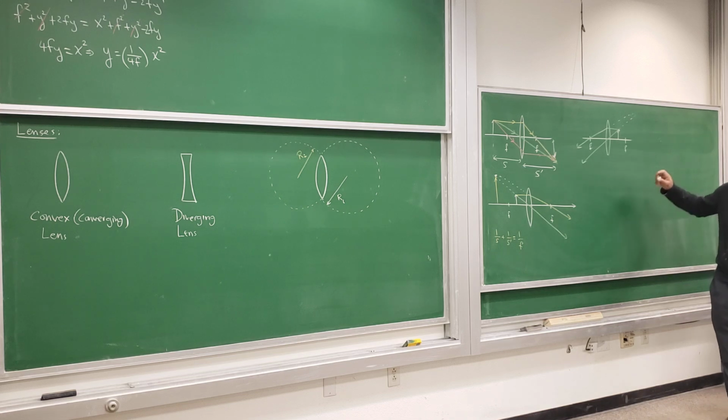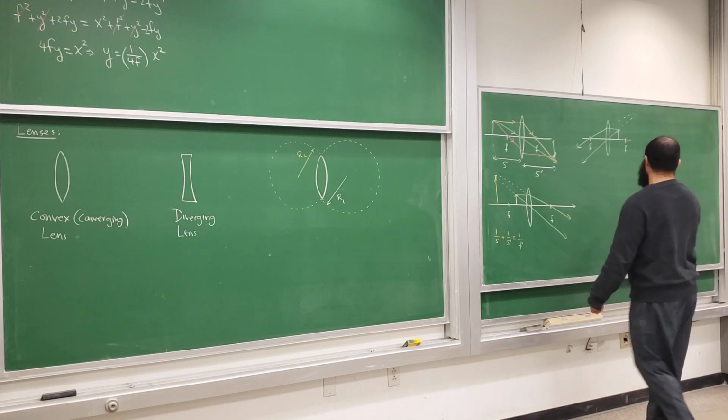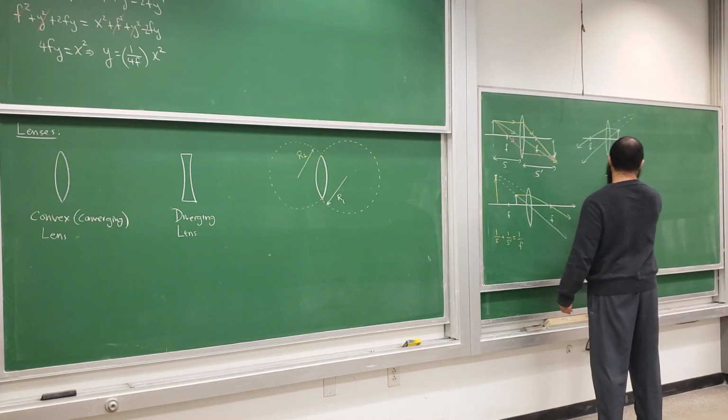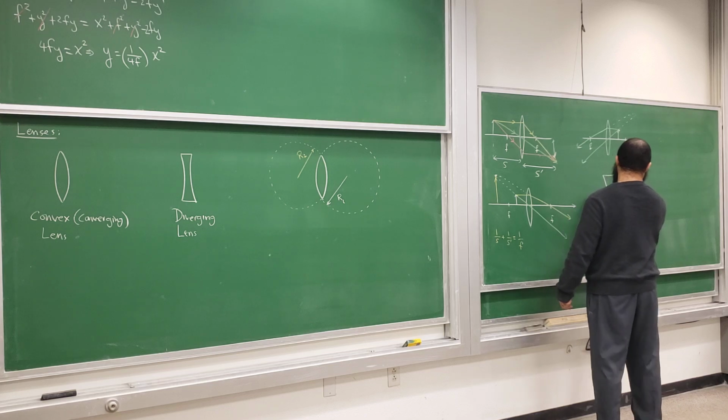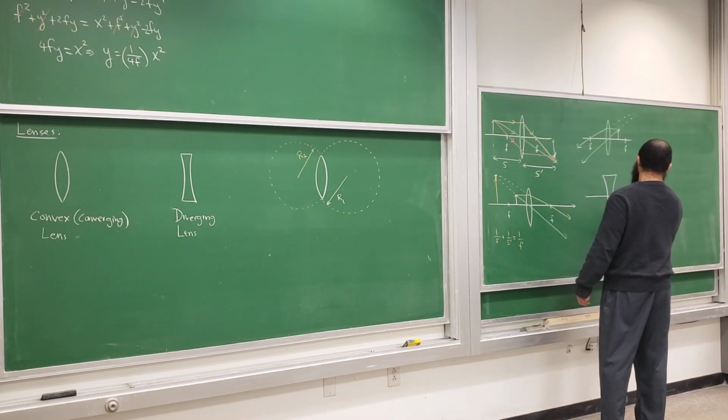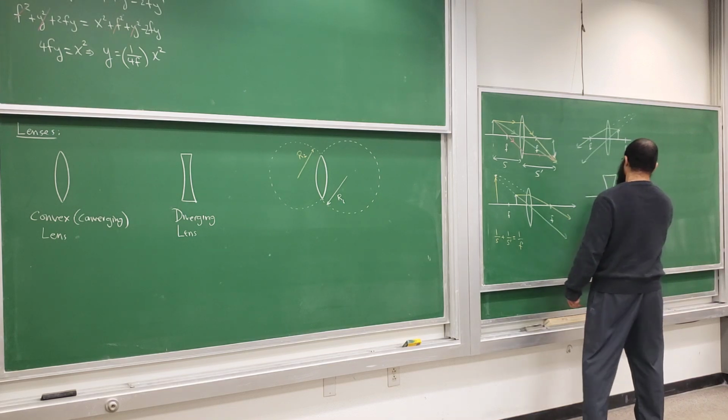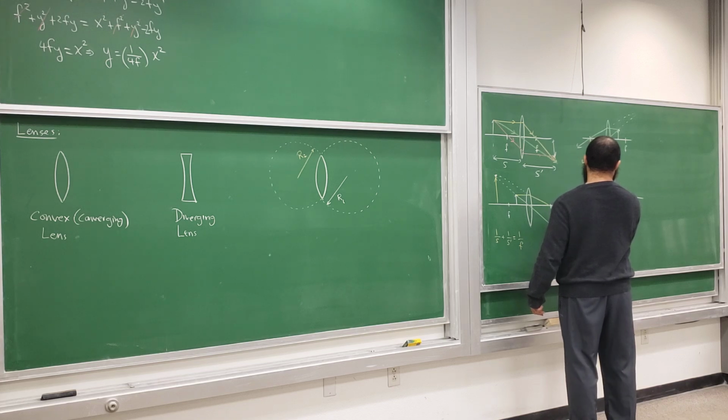Okay. So for a diverging lens, on the other hand, the diverging lens will look like this. A diverging lens will not focus. So let's say I have an object here.